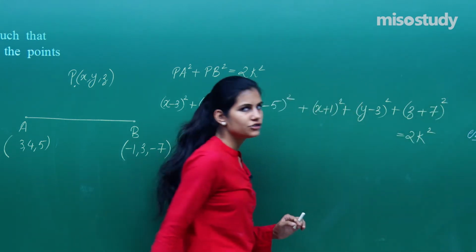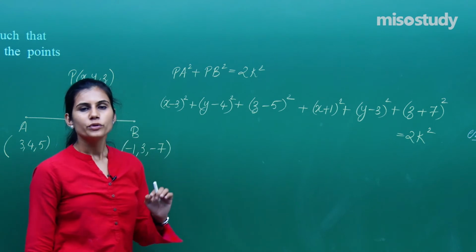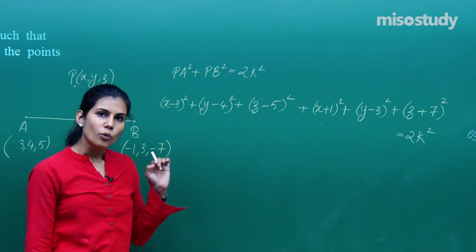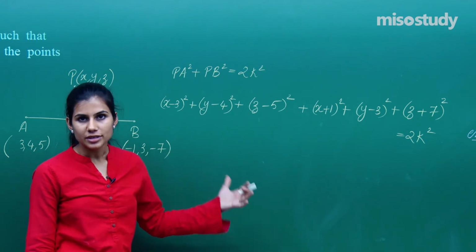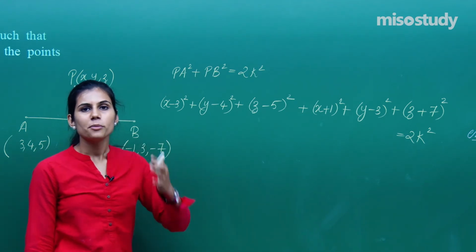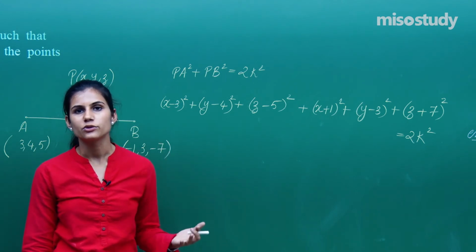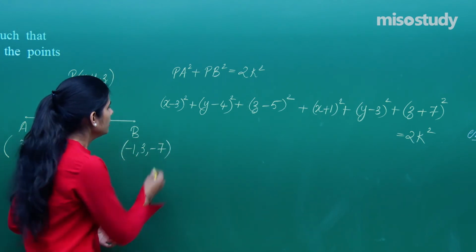Let's see what is the condition which comes out on x, y and z, which is going to give me an equation in x, y and z, and whichever x, y and z values are going to satisfy that equation, that x, y, z will be the point satisfying the equation PA square plus PB square is equal to 2K square. Let's open this up.